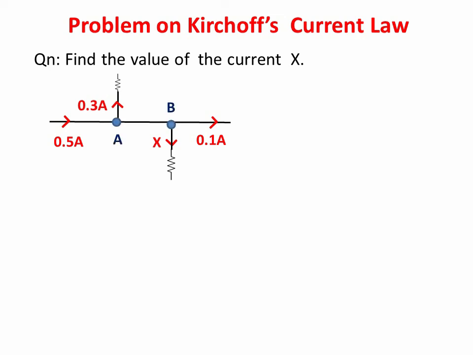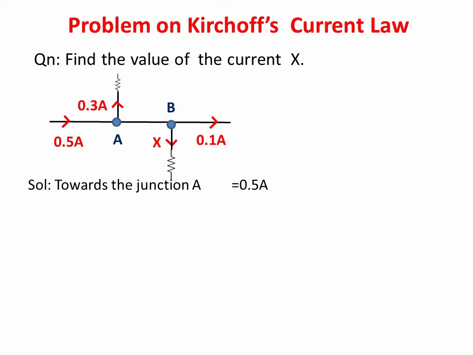So, you have to give a name to point A and point B. So, what is the solution? The current towards the junction A is 0.5A.